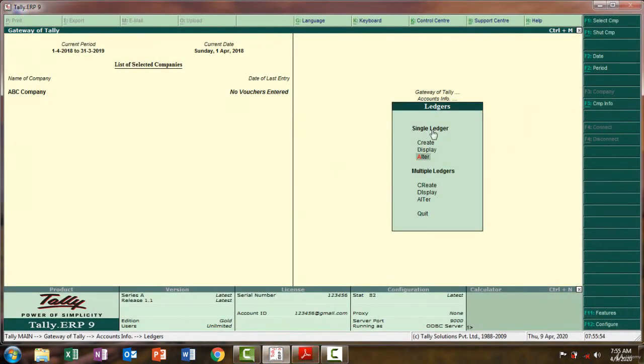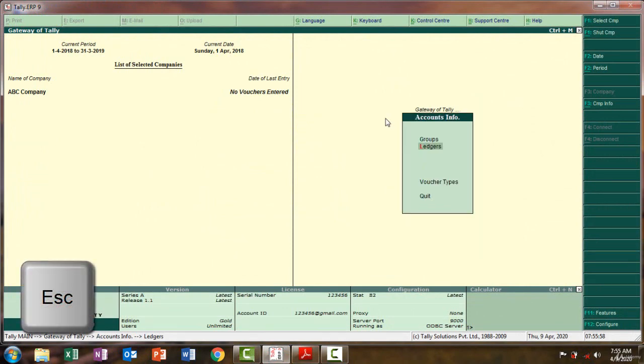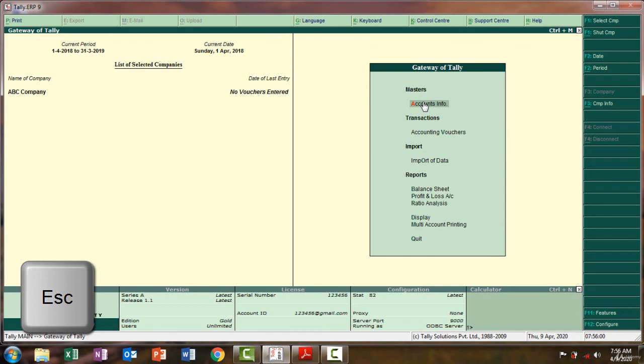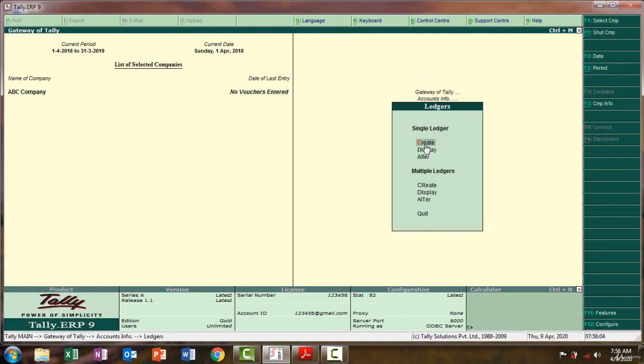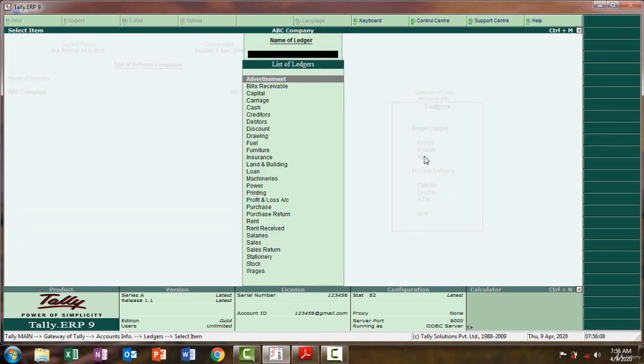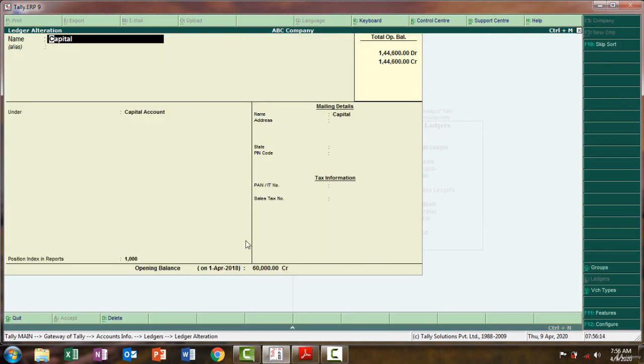Go to escape, gateway of Tally, account information, ledger, single ledger we have created like this. But if you want to edit anything, click alter, and you can type the name capital. Click, and you can see the amount.